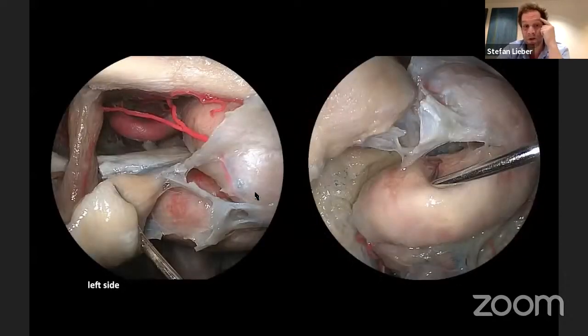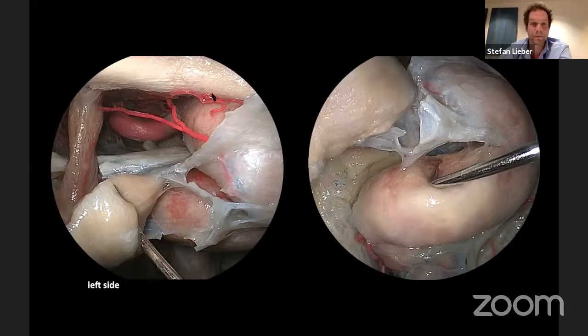This is the clinoidal space, which correlates with the short clinoidal segment of the ICA, which is an extracavernous extradural segment, and again the attachment of the middle clinoid. This is the medial wall of the cavernous sinus from the inside, and again vasculature of the chiasm and pituitary stalk.